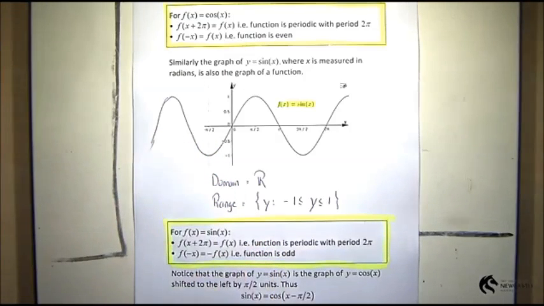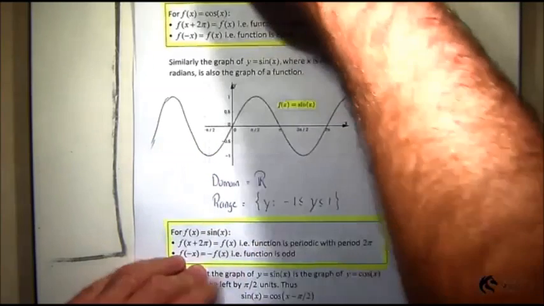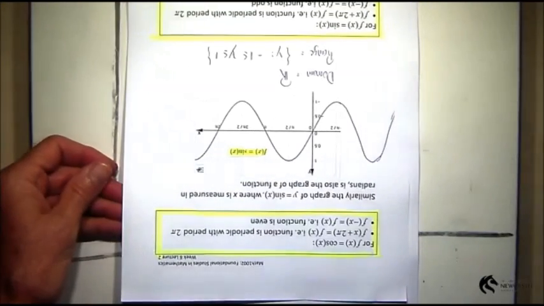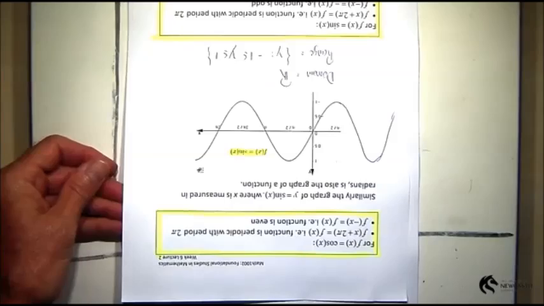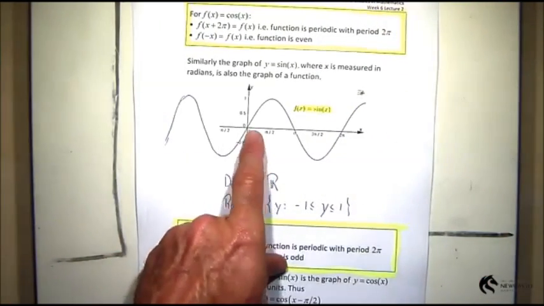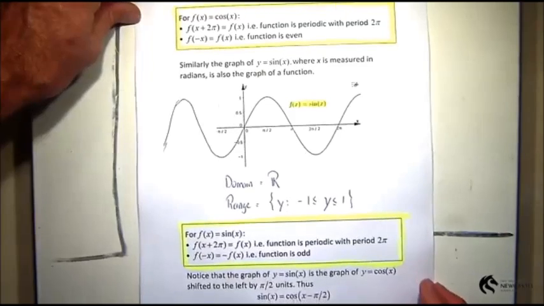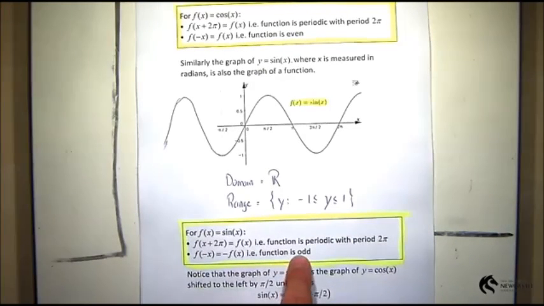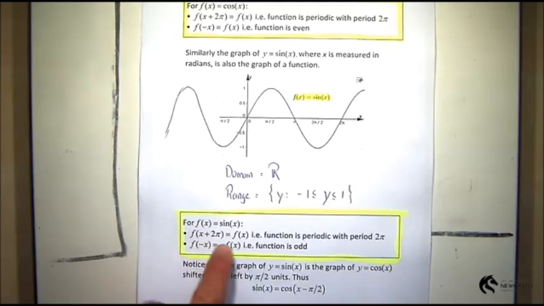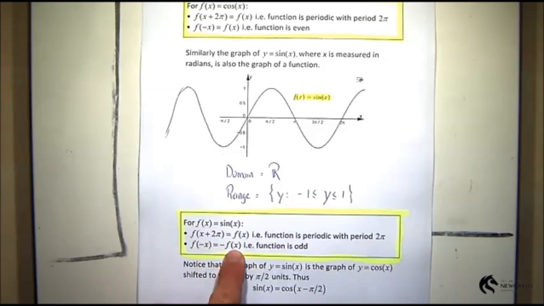What it actually is in this case is, had I drawn a good picture, if I turn that upside down, it looks the same. And so we say it's symmetric about the origin, and we had a term for that before. We said the function was odd, i.e. function minus x is minus function x. So let's pick the same point as we did before.